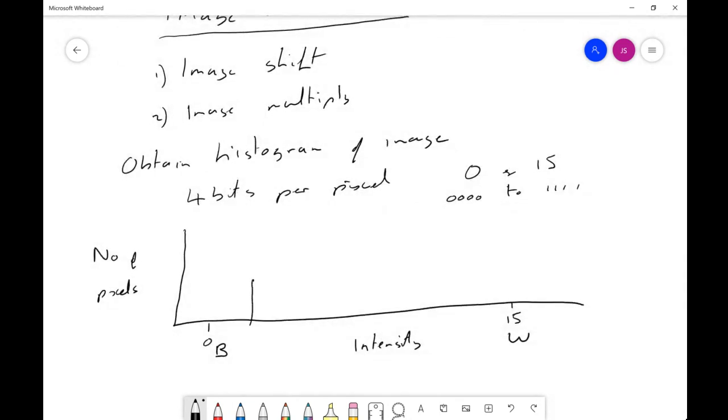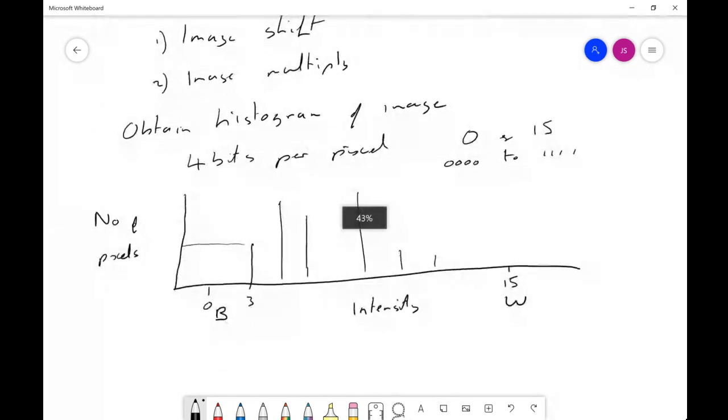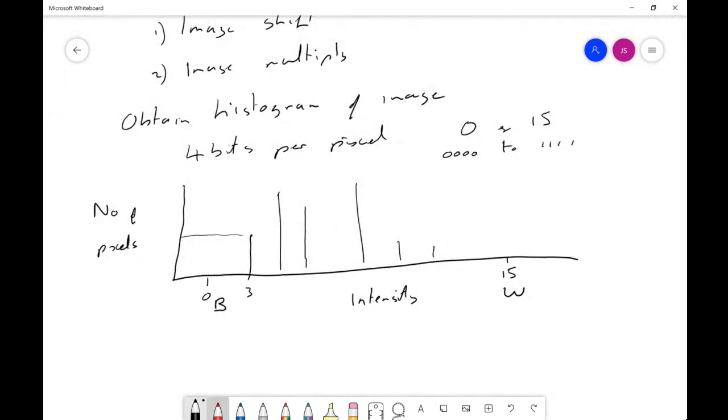So we might get a histogram that looks like this. And these, for example, this might be intensity 3, and this would be the number of pixels in the image that have intensity 3. On that histogram, you can define the minimum gray level, and again, we're applying this to gray level images. You can apply it to color, to the RGB, or better still, the intensity, if you're using intensity, hue, and saturation coding.